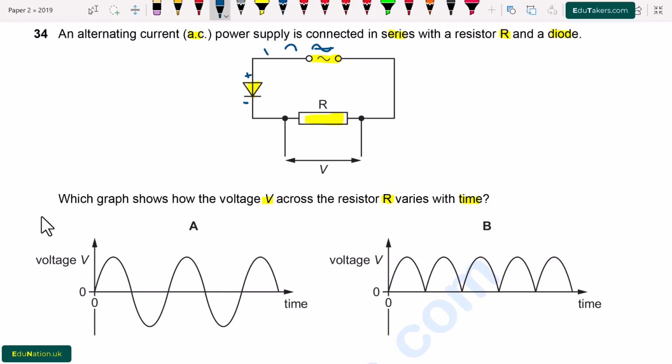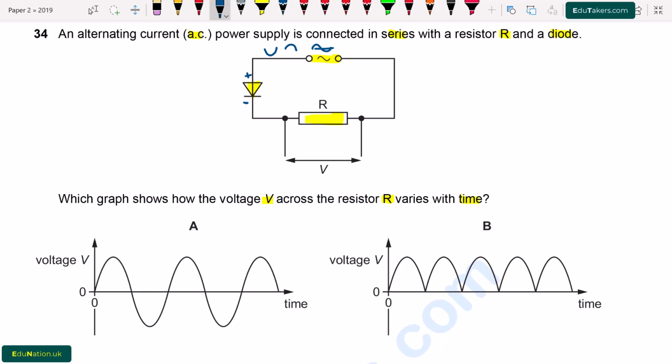But when I consider the negative half cycle, this current is blocked by the diode because in this situation the diode is reverse bias. So when the direction of current reverses, the diode becomes reverse bias and blocks the current through it. So every first half of the cycle there is a voltage across the resistor R, and every second half of the cycle there is no voltage across the resistor R.